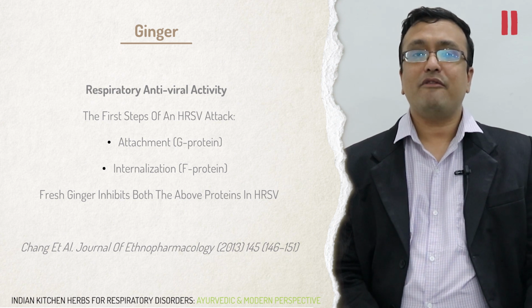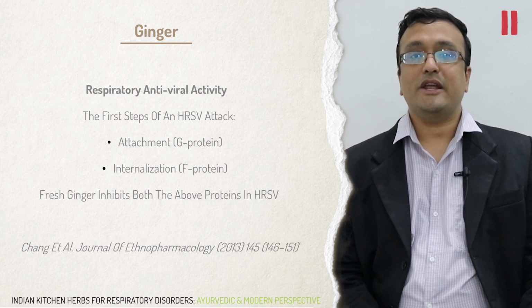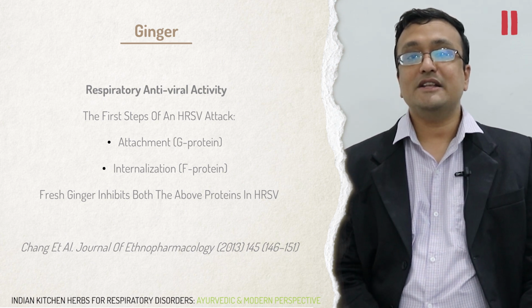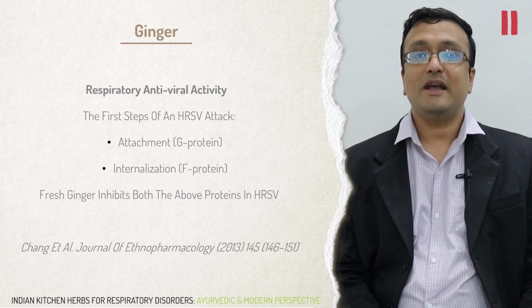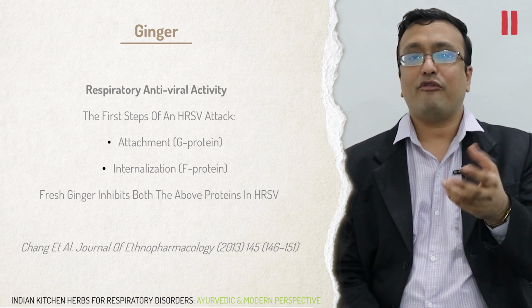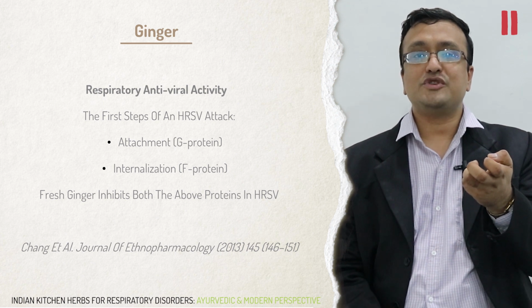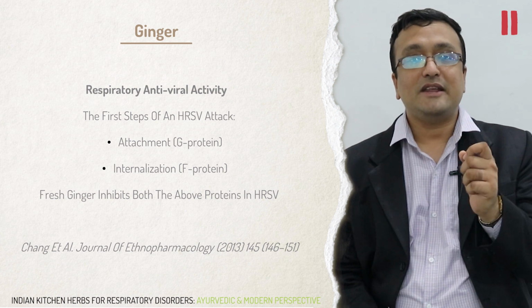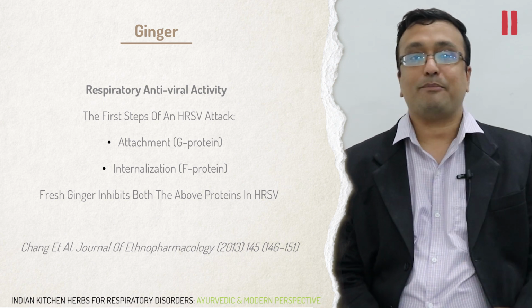Now, whenever any virus attacks the human body, the first thing that it needs to do is attach itself to the human body and then internalize. Let us just take an example of a thief who wants to steal a gold chain from your house. What will the thief have to do in the first step?